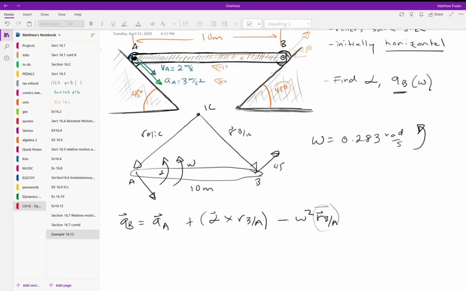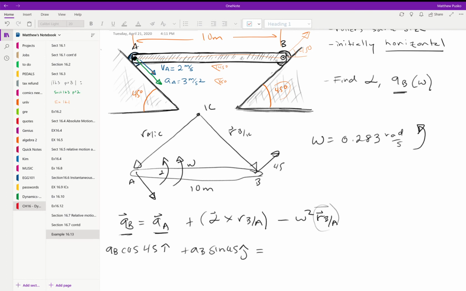Now what we need to do is put it in component form, or vector form. So I'm going to just do a coefficient AB, and it's going to have an I component in the cosine 45 direction. It's going to have a J component in the sine of 45 direction. That's this part right here.